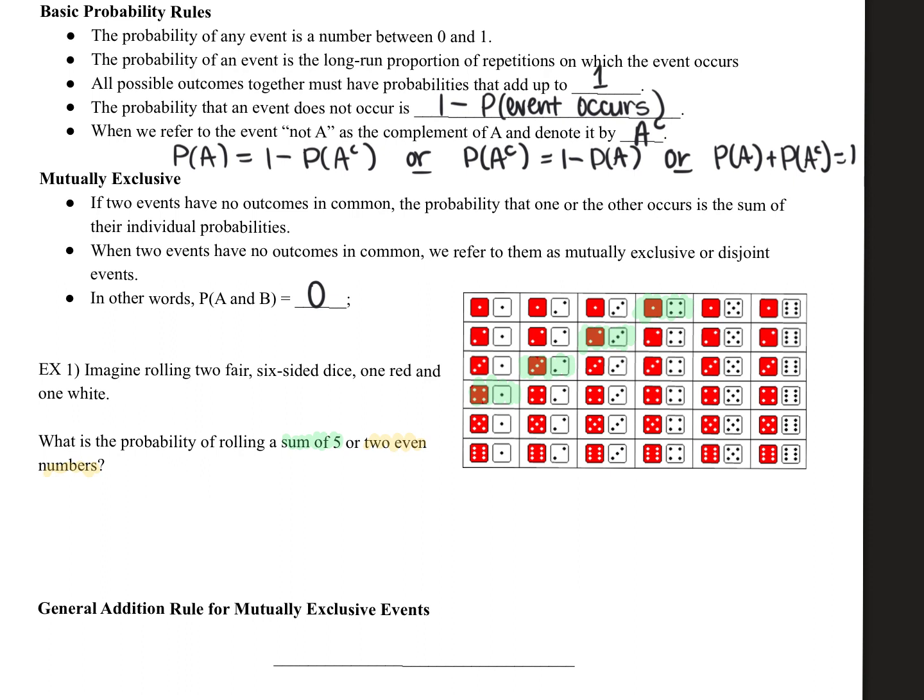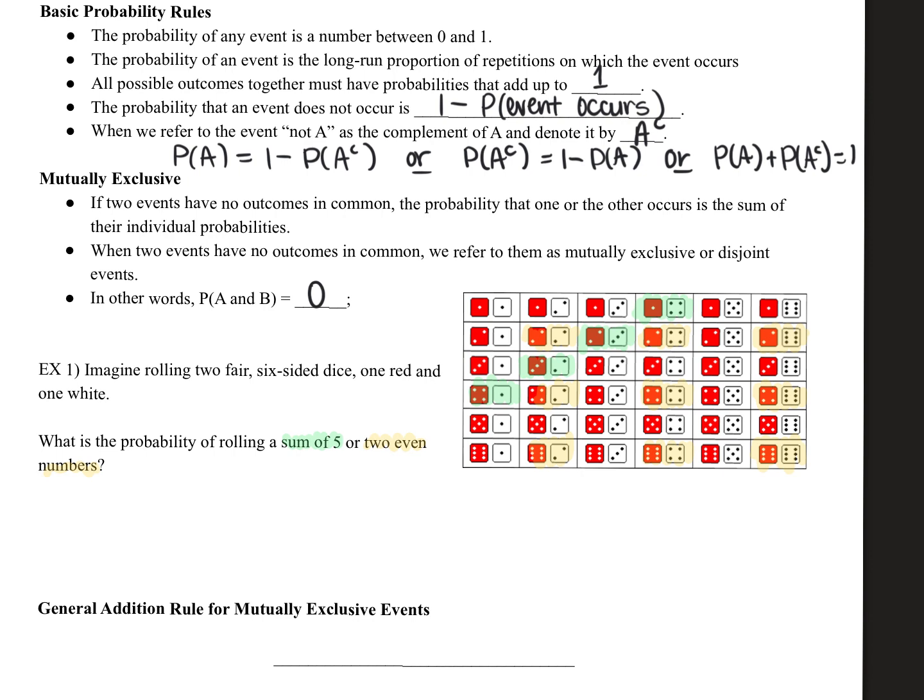So that's 2 and 2, 4 and 4, and 6 and 6. Oh, that's just two even numbers that are the same. There's also 2 and 4, 2 and 6. There's 4 and 2, 4 and 6. Then there's 6 and 2 and 6 and 4. Forgot about those.